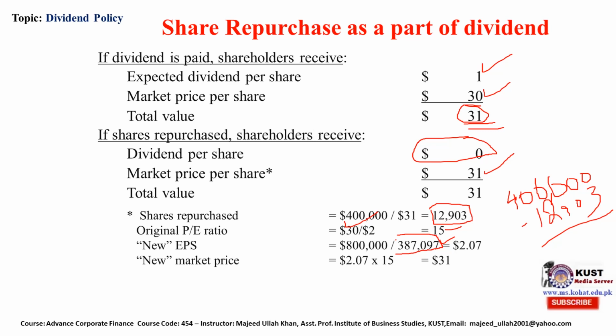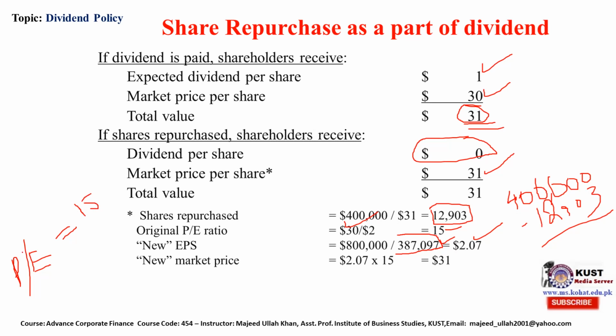Now we will calculate our earning per share on this new base. We have 800,000 net income divided by the number of shares outstanding, which gives 2.07. Now if we calculate the new market price, the PE ratio we have already is 15.